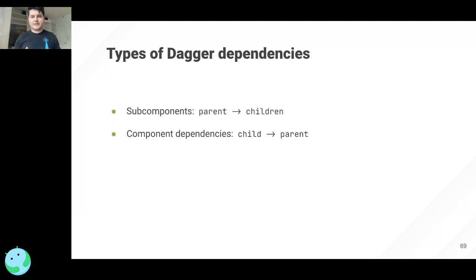Hilt is based on the subcomponents mechanism, but as we will see further, that's not something we can easily utilize with API and implementation modules, especially if we want our API module to be independent of Dagger and not know anything about how the dependencies are being instantiated. So we'll focus in this talk on pure Dagger with the component dependencies mechanism, because Hilt uses only subcomponents. You have no other choice.